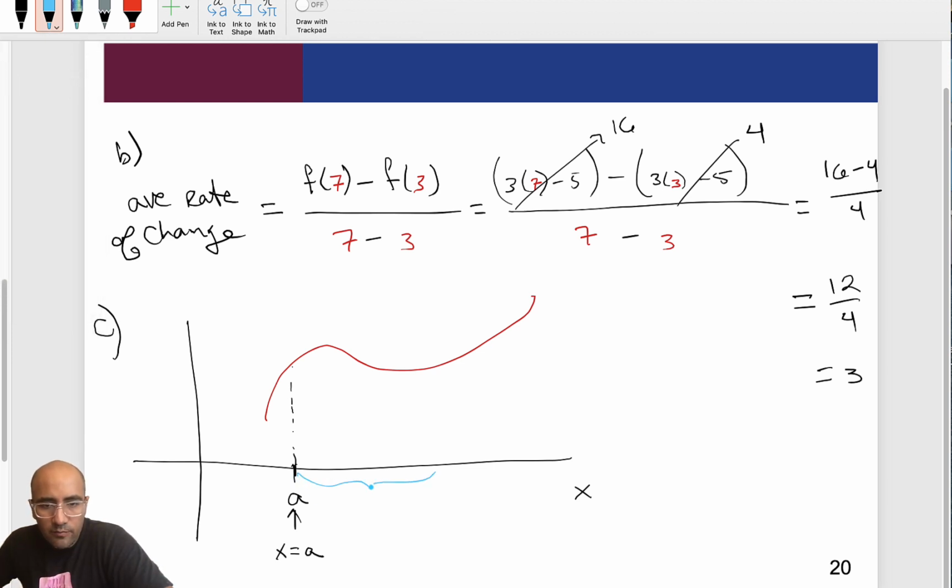If we let h be some value like that, then we arrive at a new point over here, which is going to be the point a plus h. Assuming that h is some positive value strictly greater than 0, we arrive at another point. So this is the point x equals a plus h.